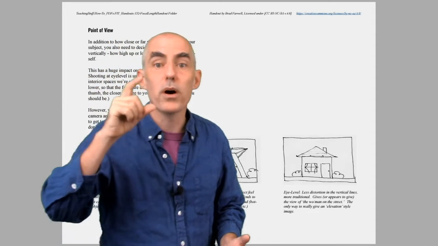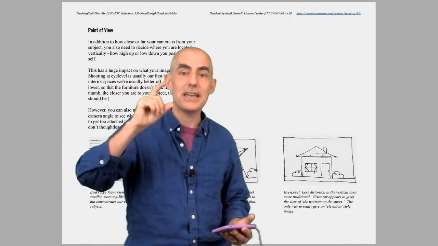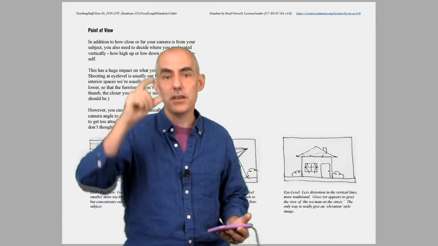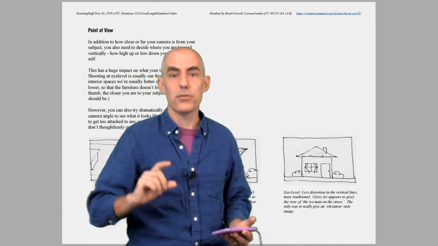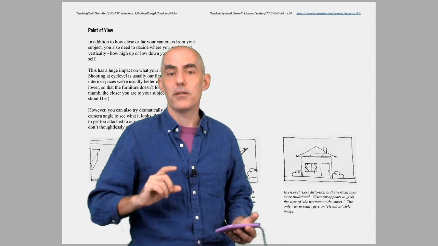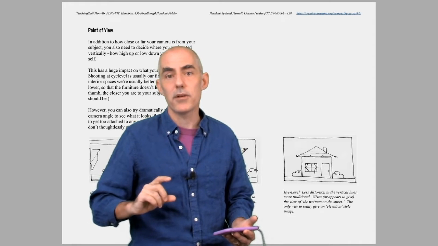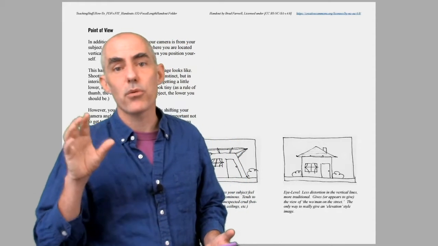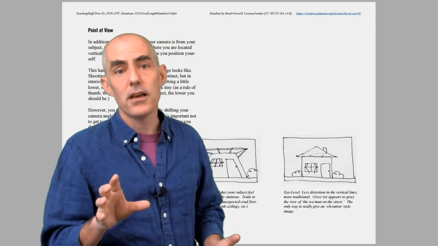So think about, what would I get if I was above? What would I get if I were below? Even just the change from holding it up here to moving it down around the center of the body, all of those things are going to change how we see the scene in front of us.